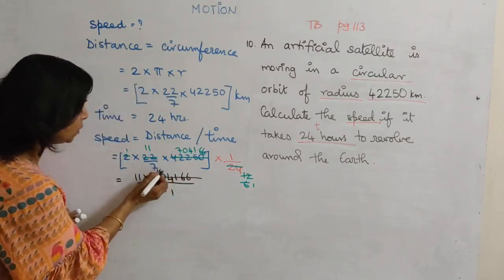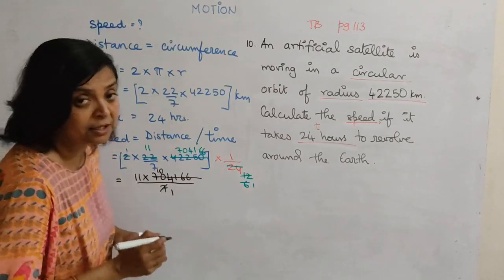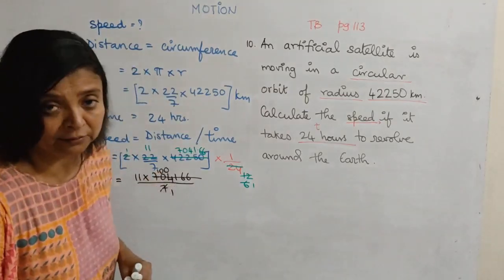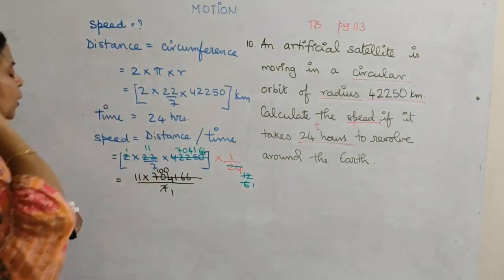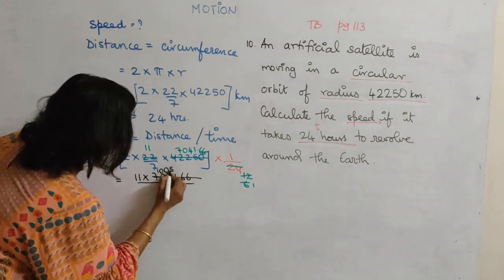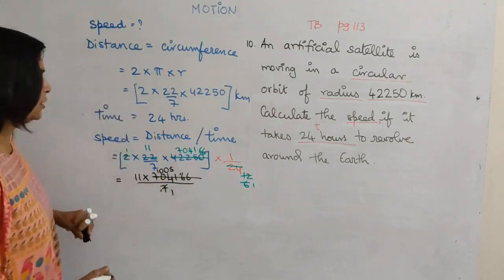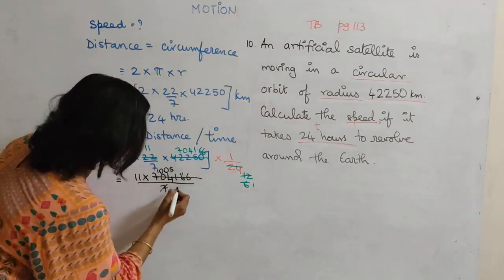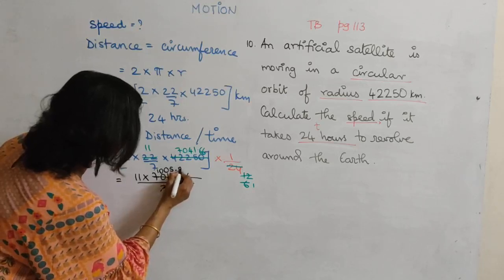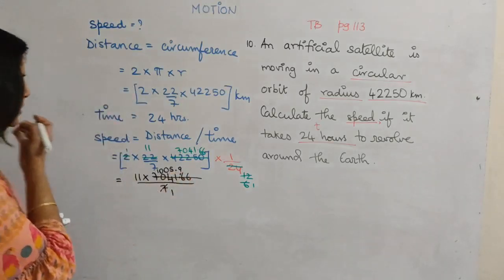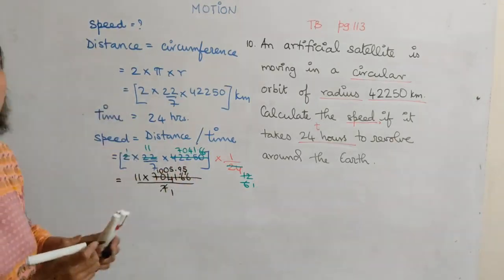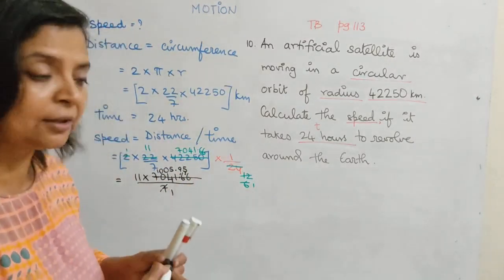This is 0. Even 4 doesn't get divided by 7. Another 0. Now we have 41. Because 7 6s are 42, so it will not divide. 7 5s are 35. 6 remainder. 7 9s are 63. There was a decimal here, so we will get a decimal here. 9s are 63. So you are left with the 3. 7 5s are 35. We will not go beyond 2 digits after decimal.